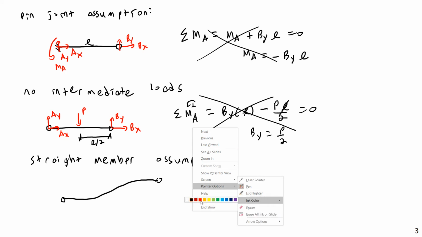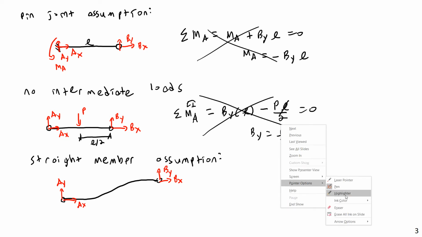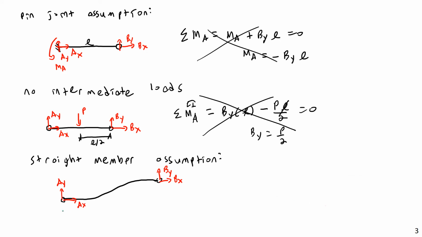So let's look at the forces here. And I would have an AX, an AY, and a BX, and a BY. Now, in this case, I would need not just my length dimension, but also some sort of delta dimension, like some sort of offset dimension.